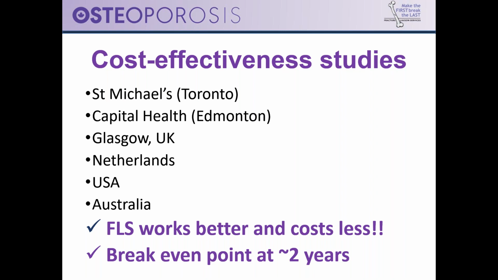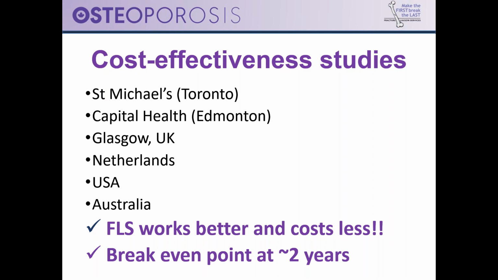It means that even after you have paid for the salary for the FLS coordinator, and even after you have paid for all of the extra bone density tests that have been performed, and all of the extra prescription drugs for osteoporosis that have been given to patients, even after paying for all of this, the model still costs less than no FLS or status quo because of the reduction in the number of subsequent fractures.